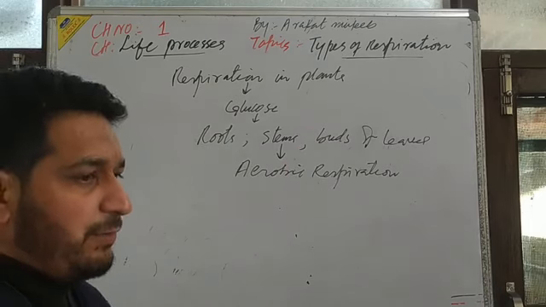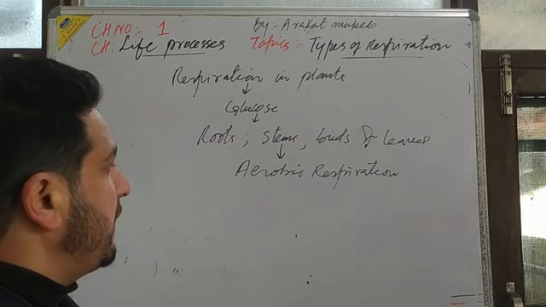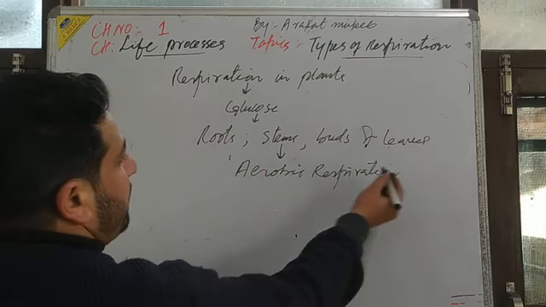They first convert back into the glucose, then the aerobic type of respiration takes place.